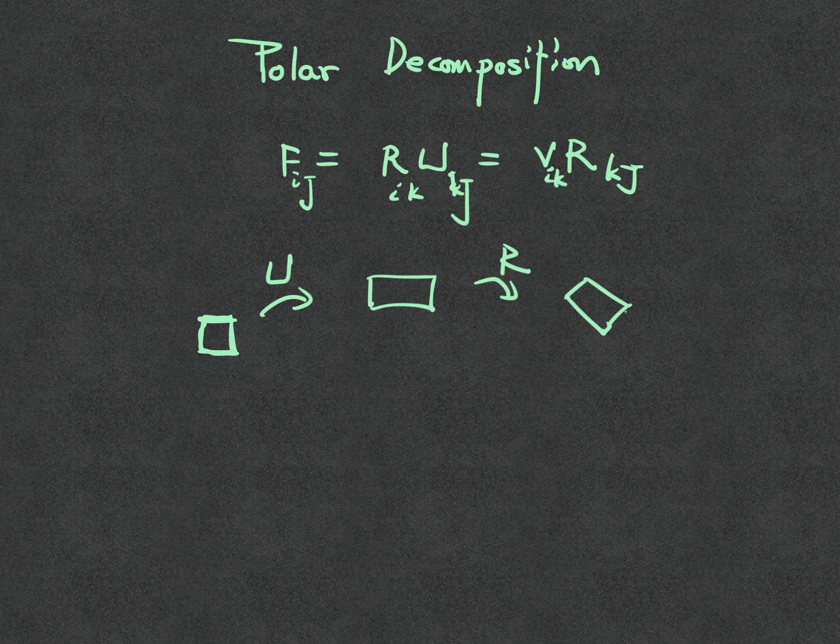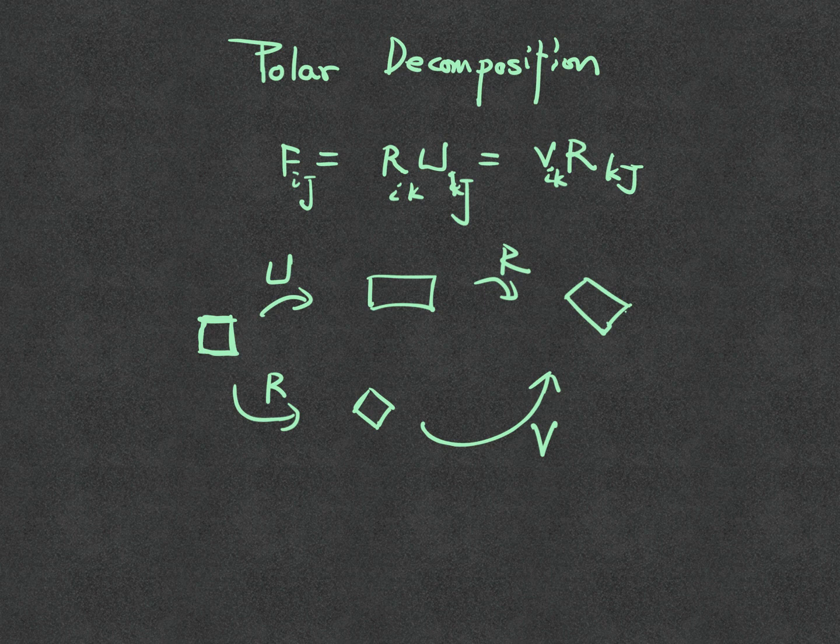Now what happens for the left part? I first apply the rotation, and I rotate it into here first, without applying any deformation. And then in that new orientation, I apply the V. So V here, not to confuse you, is the left stretch, and that is not a velocity.